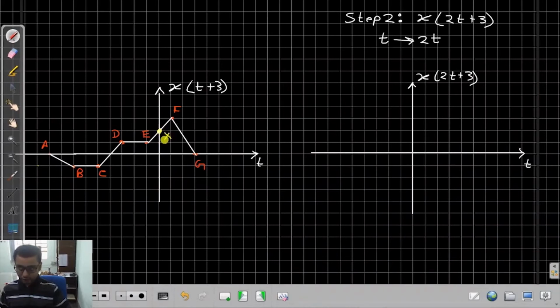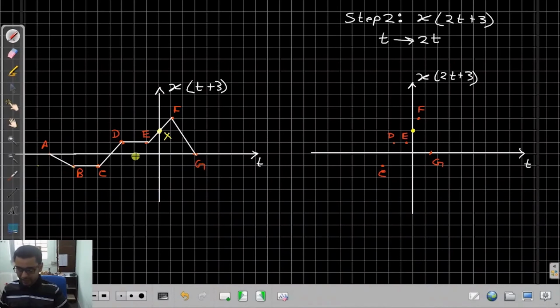So if I call this point x, x will remain at this point, but all other points will move. Point F will come closer to the vertical axis here. Point G, which is at 3 units distance from the vertical axis, will be now at a distance of 1.5. Point E will be here. Point D will be here. Point C will be here.